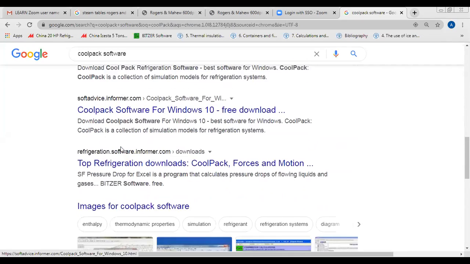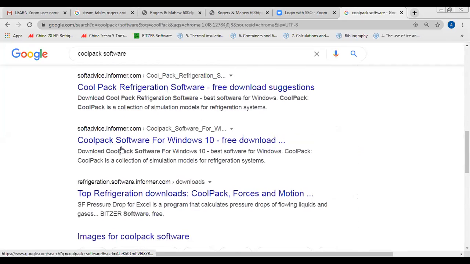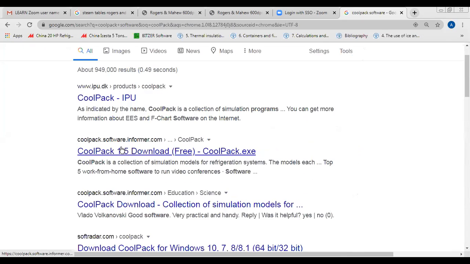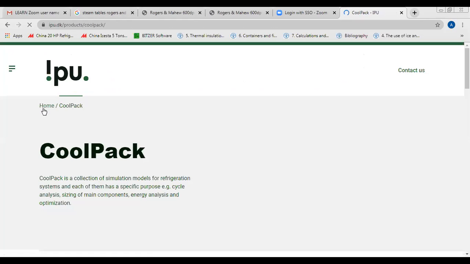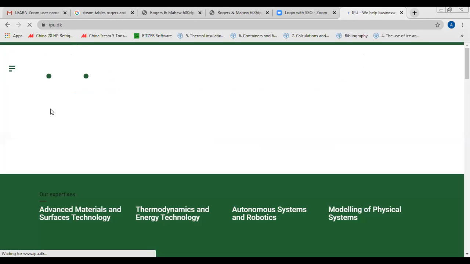This is from the Technological University in Denmark. I believe this should be the first one, cool pack. Let's see what is this. What is the home here?